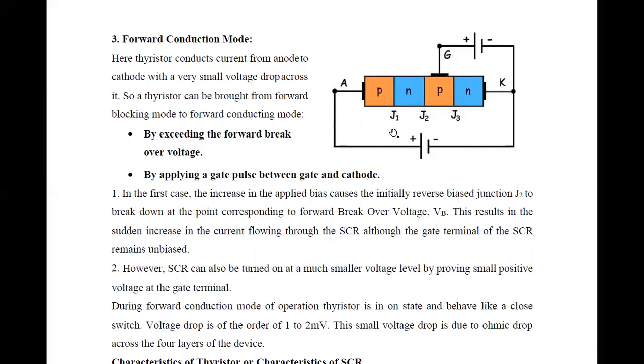And the second case is that, without increasing the forward bias to the forward breakover voltage, we can turn on the SCR by giving gate pulses. A very small gate pulse can turn on the SCR. In this forward conduction mode, the SCR acts like a closed switch, the voltage drop is very low, and the SCR conducts.